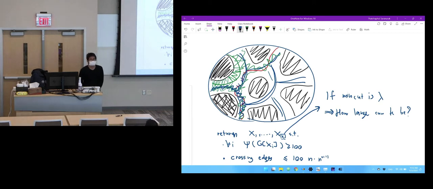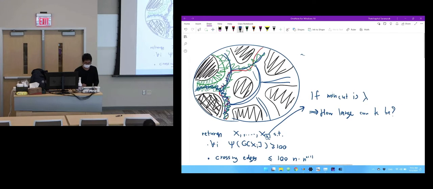Say it again. Not quite yet. For example, if the graph is just a path, then there can be really a lot of clusters in the expander decomposition, although lambda is super small, right?